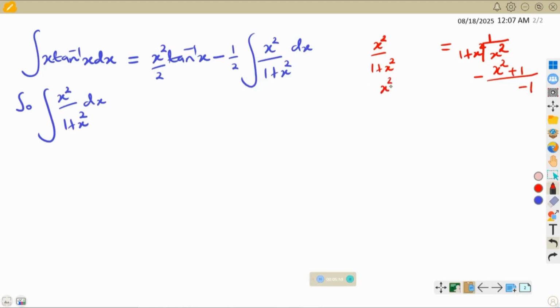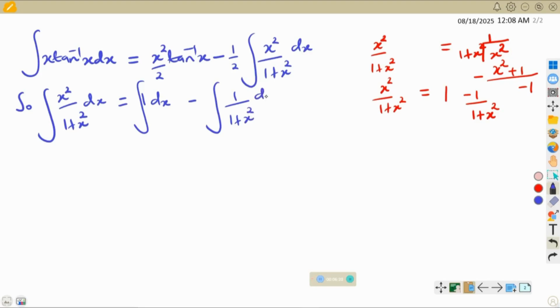So x squared divided by 1 plus x squared is the same as having the quotient, which is 1, then negative 1 divided by the divisor, which is 1 plus x squared. So x squared divided by 1 plus x squared dx is the integral of 1 with respect to x minus the integral of 1 divided by 1 plus x squared dx.